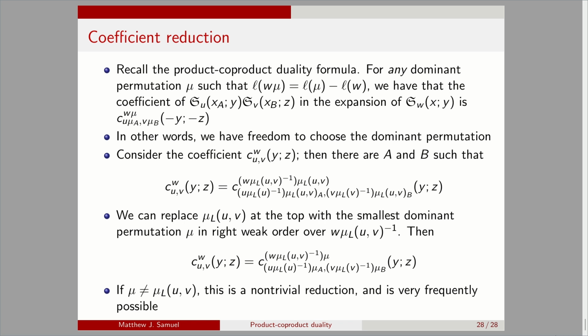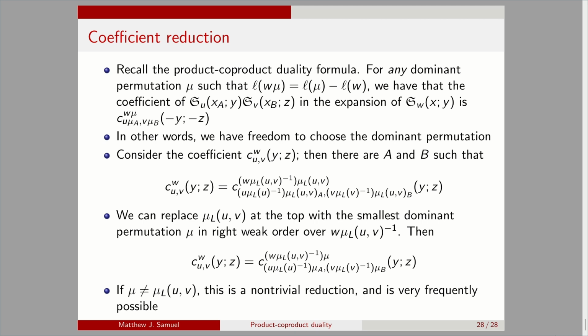So back to double Schubert polynomials, I just wanted to mention coefficient reduction. Note that in the product-coproduct duality formula, for any dominant permutation, we have the theorem that the coefficient of S_u(x_A, y) times S_v(x_B, z) is c^w_{u mu A, v mu B}(-y, -z).